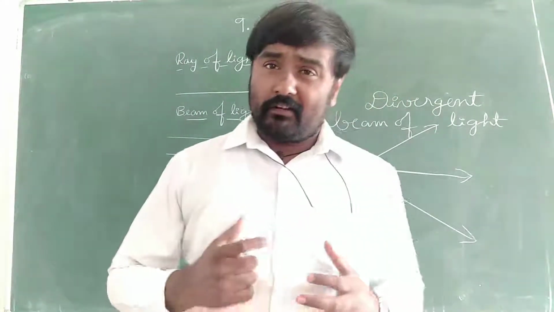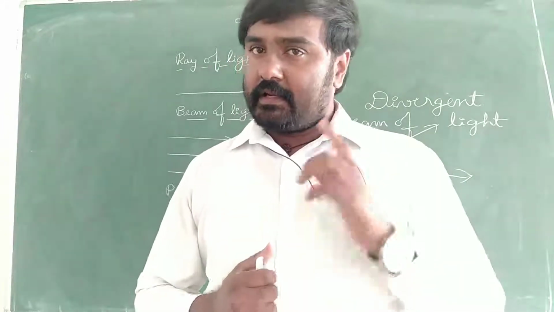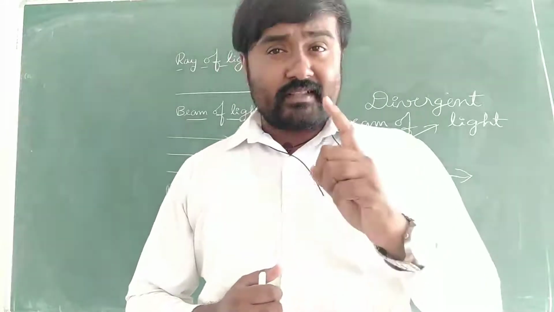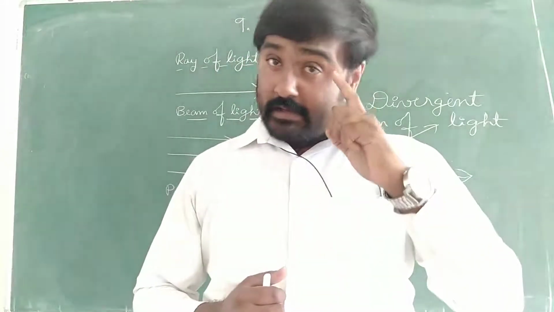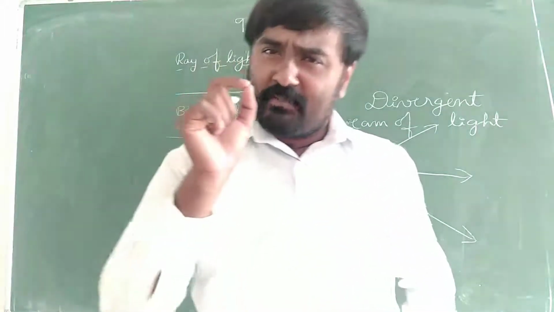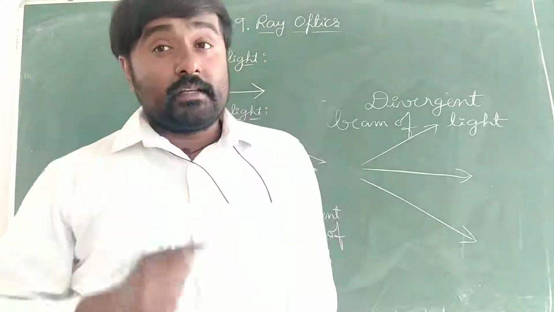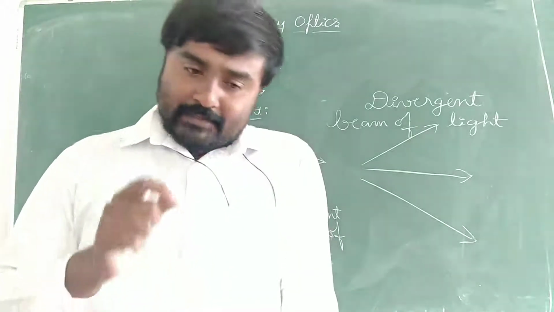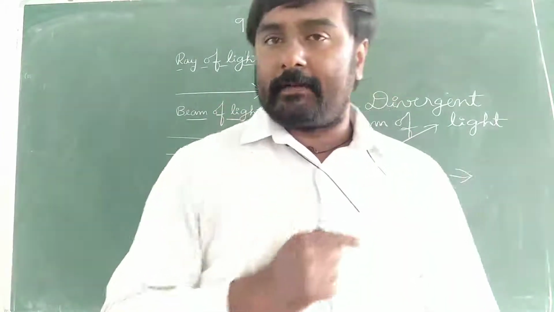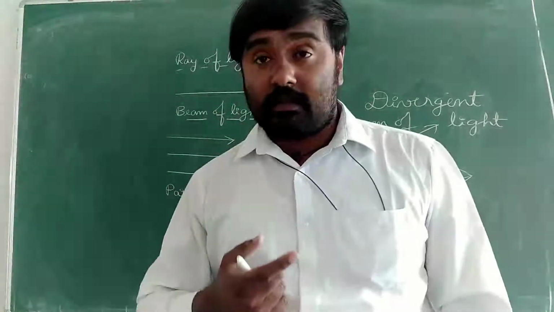So what is the meaning of light? Light is a form of radiant energy which causes the sensation of sight in the eye and also in the brain. Light consists of extremely tiny, invisible, high-speed particles called photons. Particles moving with velocity equal to the speed of light are called photons.